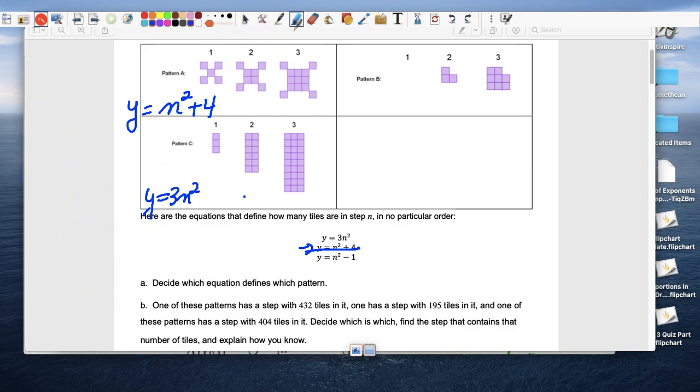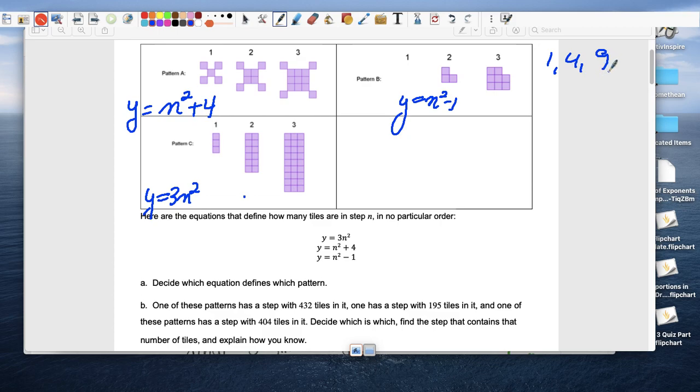And obviously the last one, this pattern is that one. You can sort of tell, right? If you think about n squared, what are the first 3 terms? It's 1, 4, 9, and this one is 1 squared minus 1, which is 0. This is 2 squared minus 1, which is 3, and this would be 3 squared minus 1, which is 8. So it's one less than 1, 4, 9.